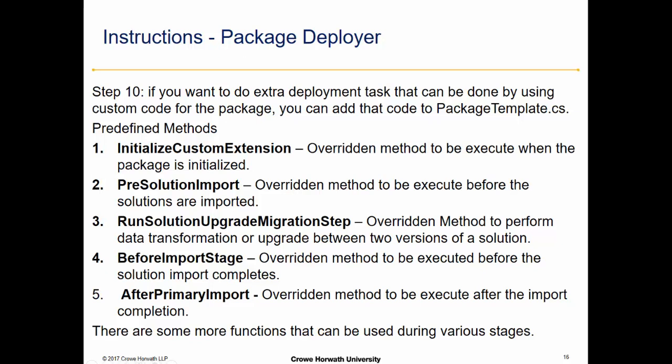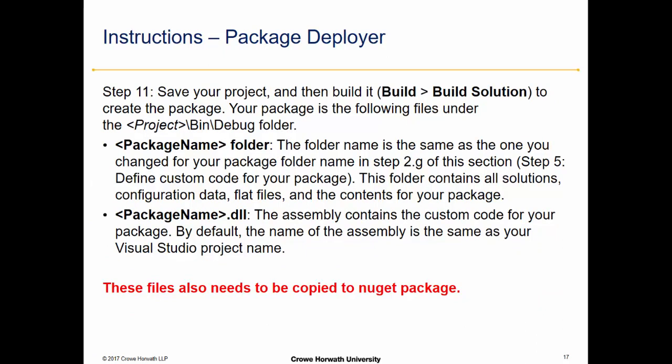When you have added your code and everything is done, you need to save your project and then build your project. Then the package name folder which we have, that is called the pkg folder, we need to copy, or maybe you can automate this also.